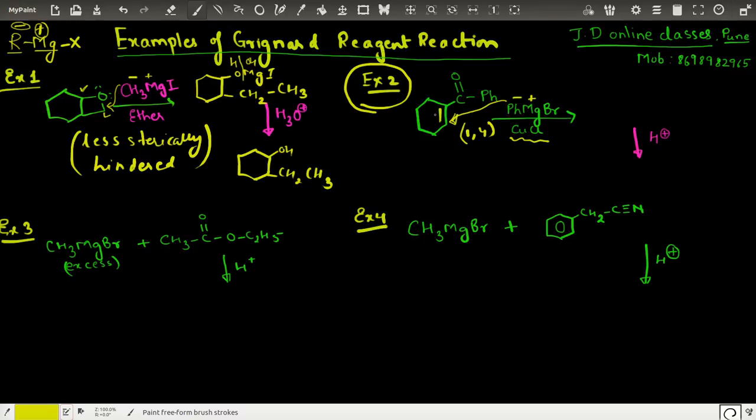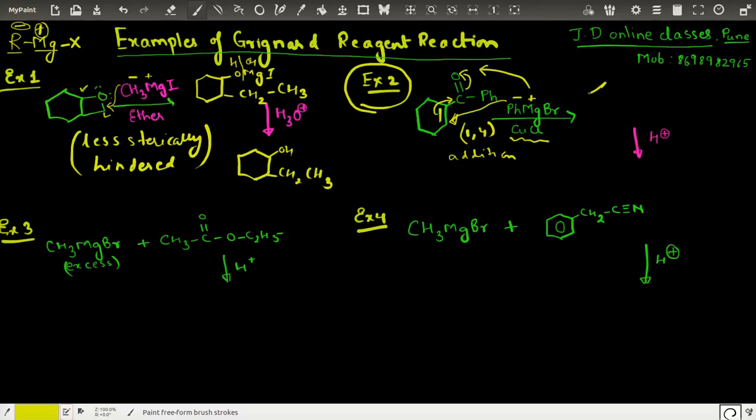The carbon cannot have 4 bonds, therefore this bond migrates. This pi electron delocalizes and shifts again onto the oxygen. The positive part is going to attack at this. So clearly it's an example of a 1,4 addition reaction. Now what happens because of this is something like this.